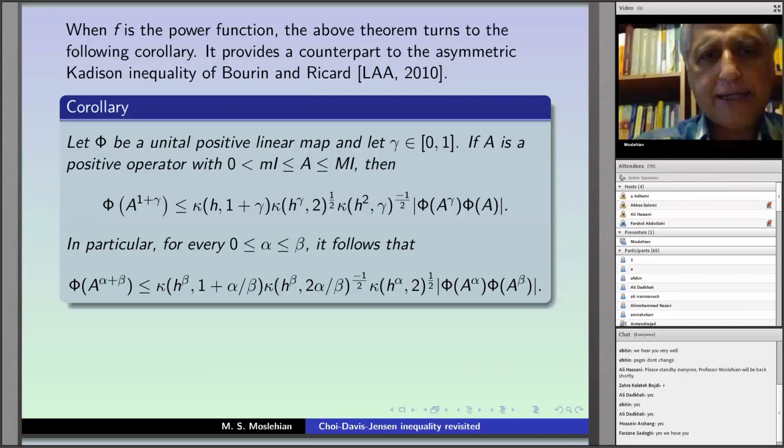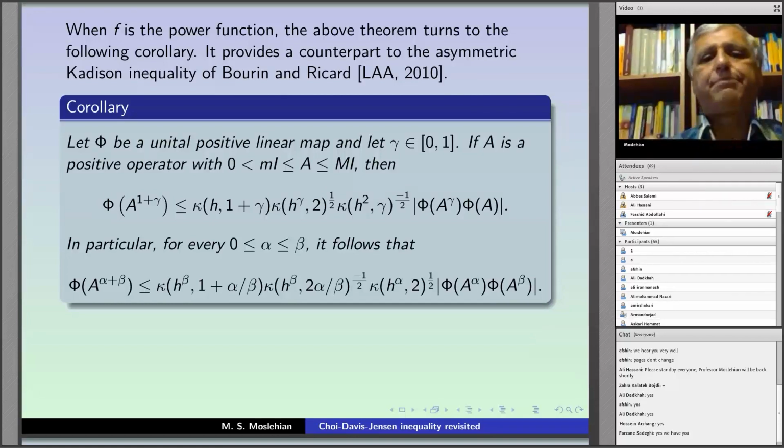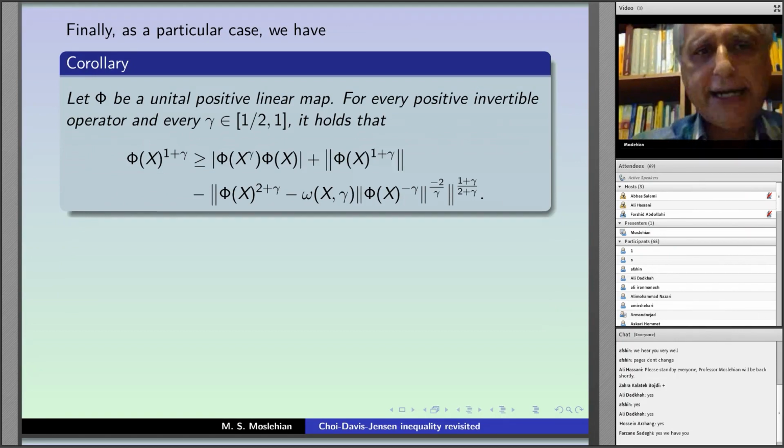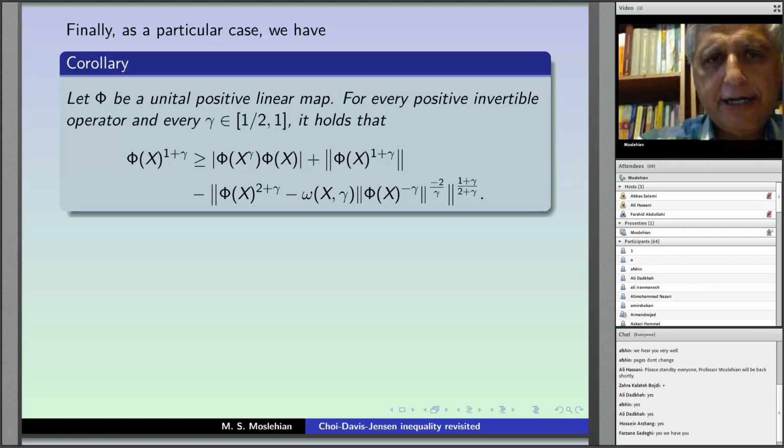So we can get this inequality, and we can simplify this inequality of this form when alpha is between 0 and beta. Finally, in a particular case, we have this inequality. This inequality says that if phi is a unital positive linear map, for every positive invertible operator x and gamma between half and 1, then we have this inequality. Okay, my talk is over, and thank you very much for your attention.